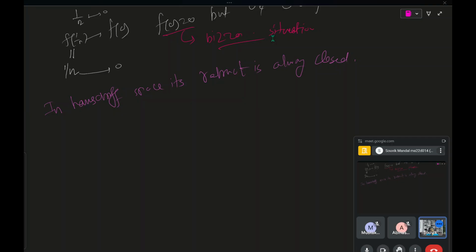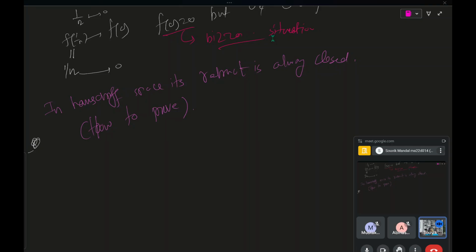So now, how to prove this, that in a Hausdorff space a retract is always closed?